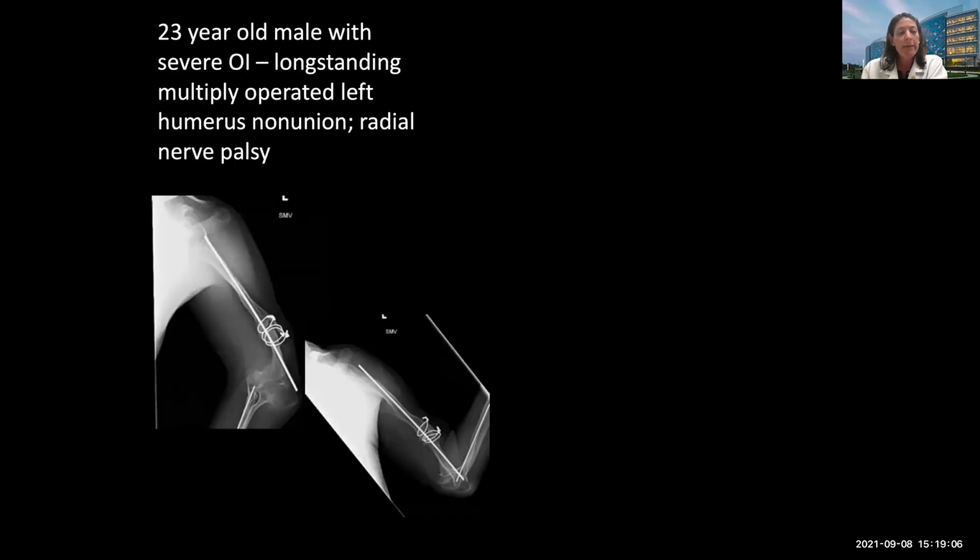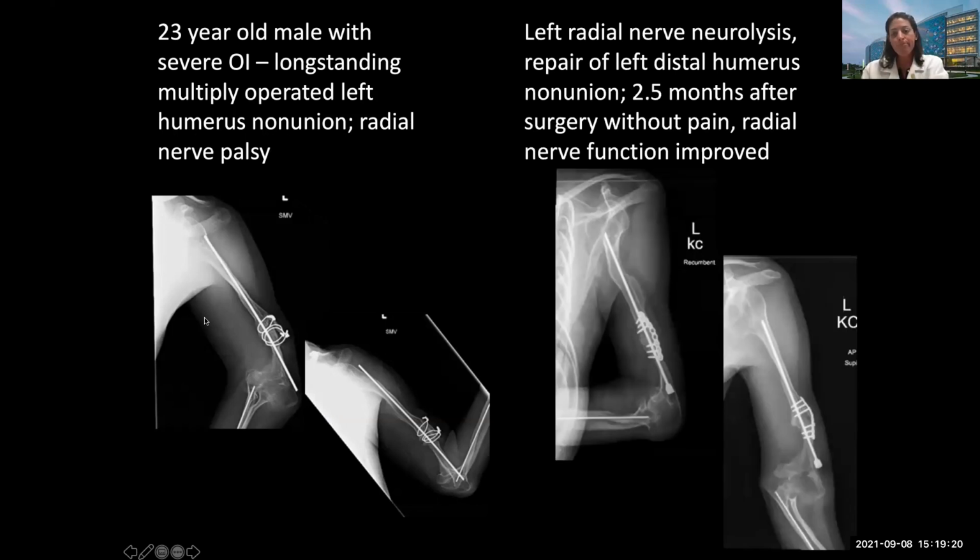This is a case example of a 23-year-old young man, severe OI, and a long-standing non-union of the left humerus, had been operated on multiple times. And there was also a radial nerve palsy. And in addition to addressing this non-union site, we performed a radial nerve neurolysis, repaired the non-union.